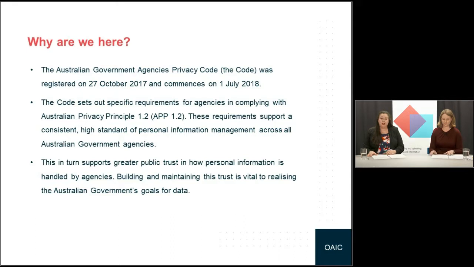This supports greater public trust in how individuals' personal information is handled, wherever it travels in the APS. Building and maintaining trust is vital, because without it, initiatives that rely on data being shared, analysed or used can struggle to gain support or a social licence to operate.